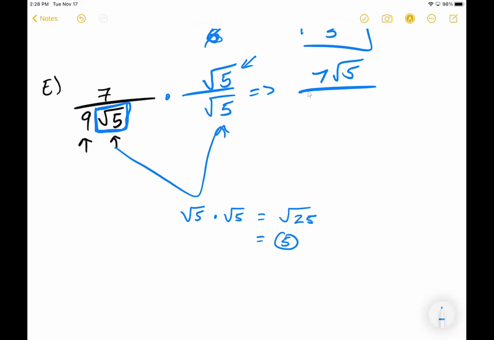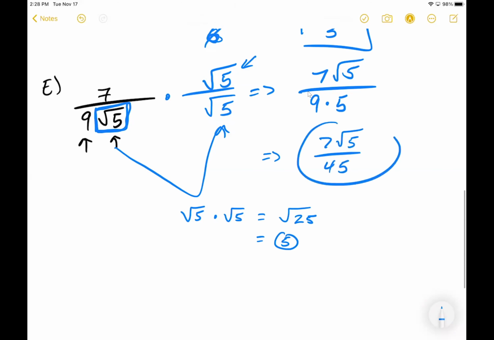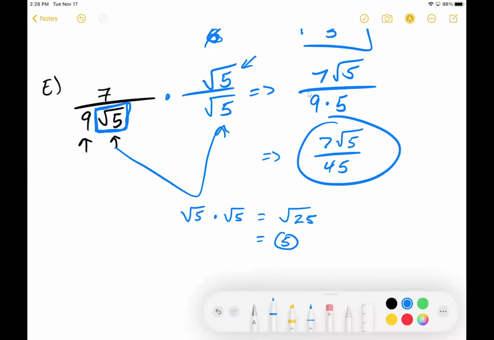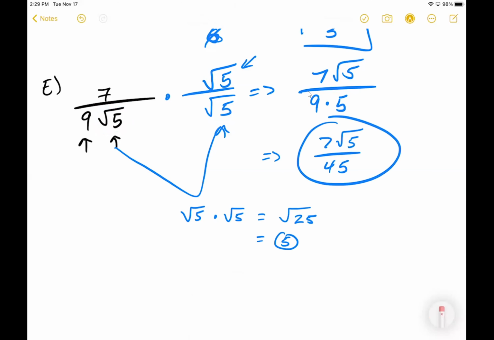So in the sense that this is what you have: 9 times 5 will give you 45, and that is your answer, rather than multiplying the whole thing. So as long as they have a radical, all you need to do is multiply the radical if it's multiplication.